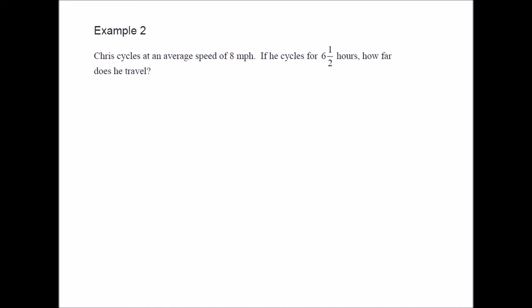Let's use the triangle this time to help us decide what to do. Maybe that's a better way for you to remember for every example. So write down the speed, distance, time triangle. Okay, Chris cycles at an average speed of 8 miles per hour. So we've got the speed. He cycles for 6.5 hours, so that's going to be the time. How far did he travel?